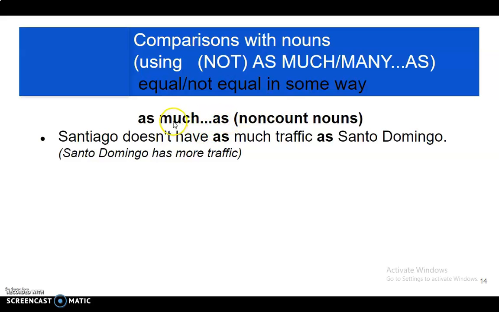So let's start with as much as. As I said before, much is used with non-count nouns. Here I have this sentence: Santiago doesn't have as much traffic as Santo Domingo. Traffic is a non-count noun. Another way to say this is that Santo Domingo has more traffic. Other examples are as much space as, as much safety as.